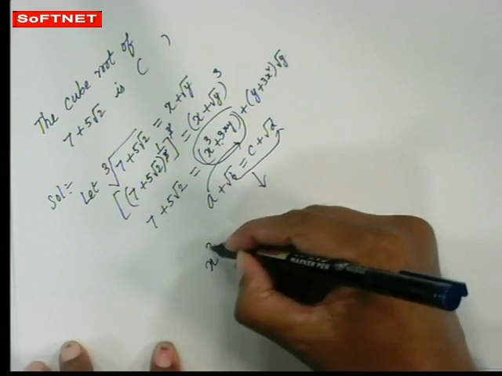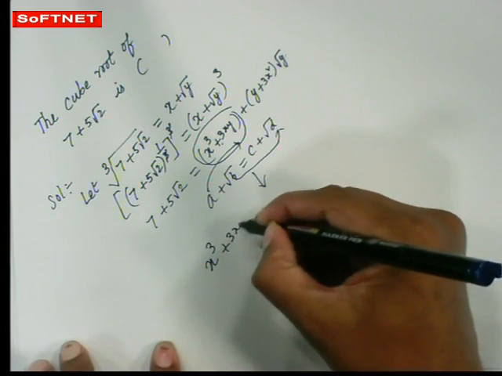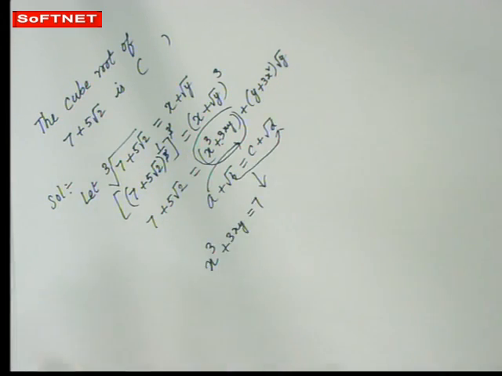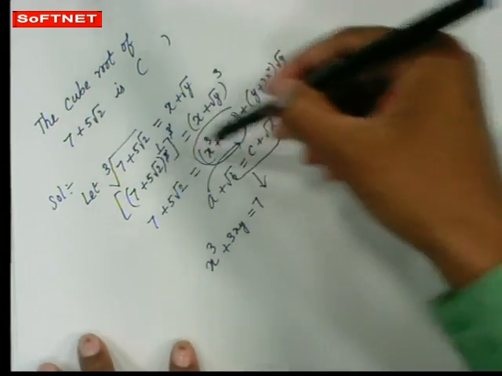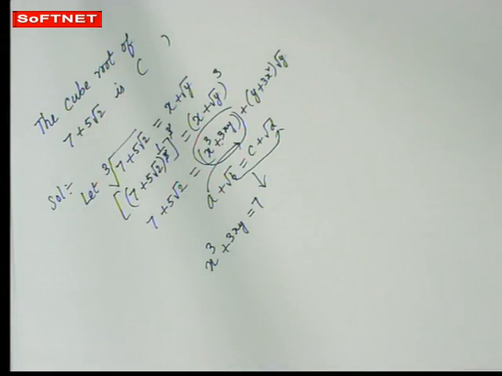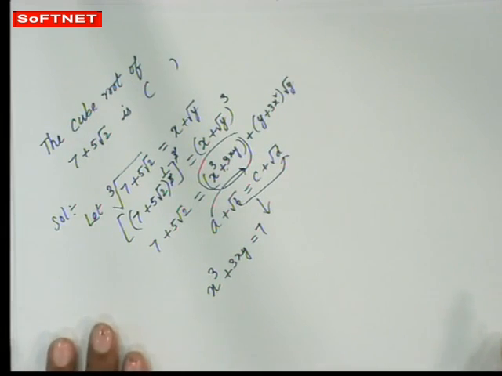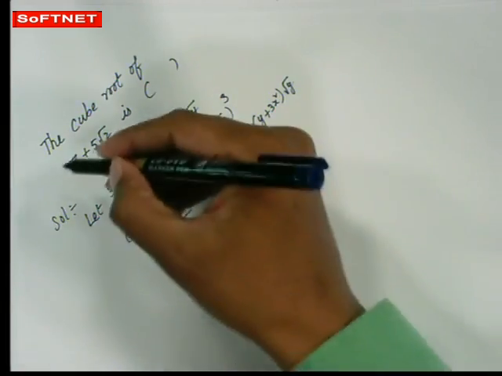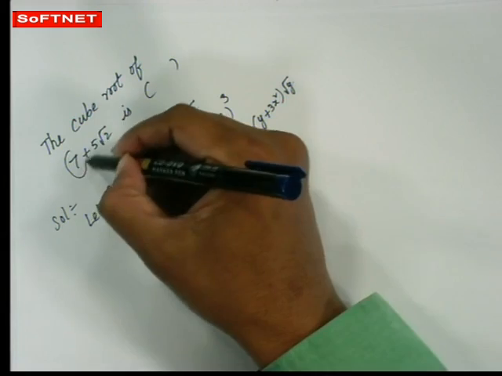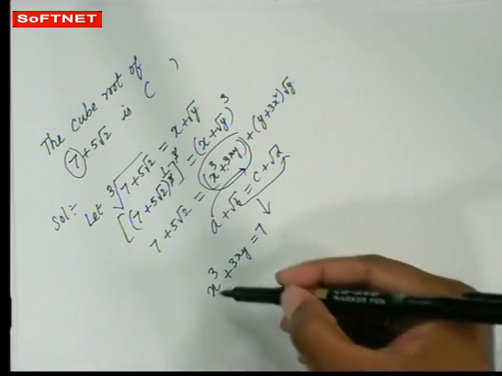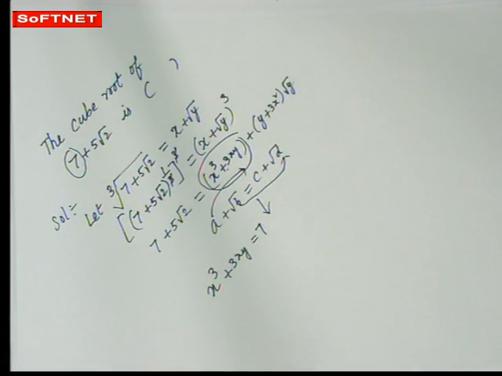So in the examination, avoid all these steps; simply remember that in cube roots, x cube plus 3xy is the rational part. And in the given problem, check what the rational part is: 7. So x cube plus 3xy is equated to 7.